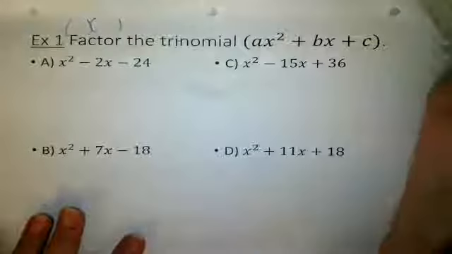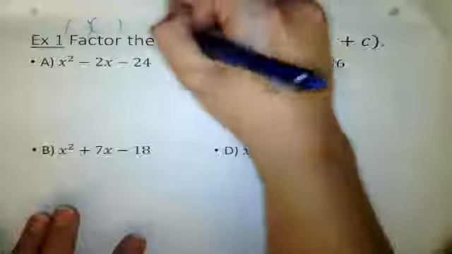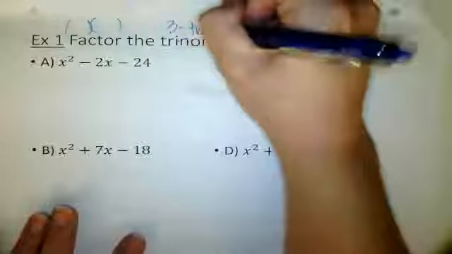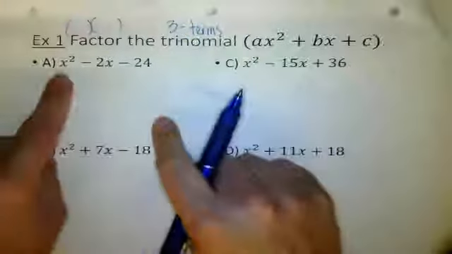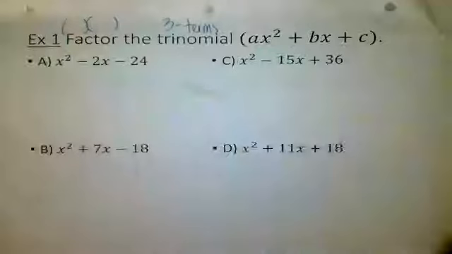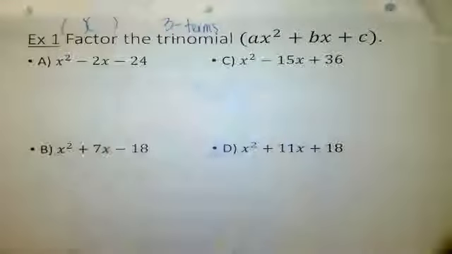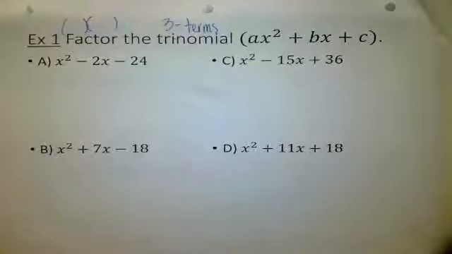Tri means 3. Three terms. So we have 3 terms, 1, 2, 3 terms. And what would you call this form that they're in? Like their order. What would you call their order? How do you recognize it?